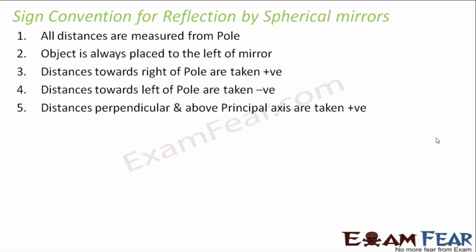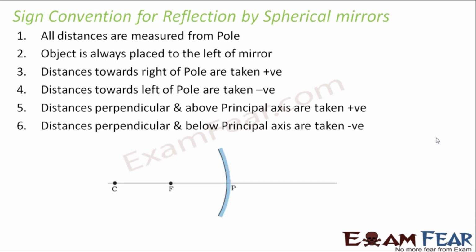That means whenever an image is formed erect, it is perpendicular to the principal axis and it is above the principal axis, so it is taken as positive. Distances perpendicular and below the principal axis are taken as negative. So this pole becomes your origin. Any distance here is positive because it is towards the right of the pole.